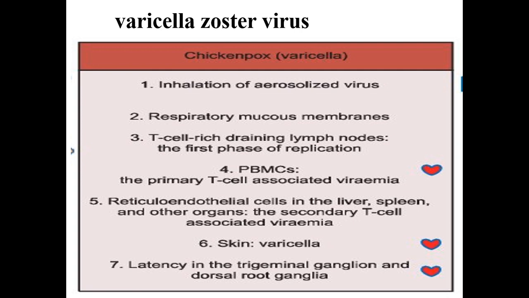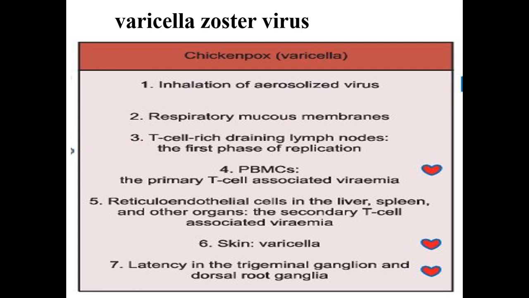Chickenpox: the first step is inhalation of aerosolized virus, followed by respiratory mucous membrane damage and infection of the T-cell rich draining lymph nodes, and the first phase of replication.